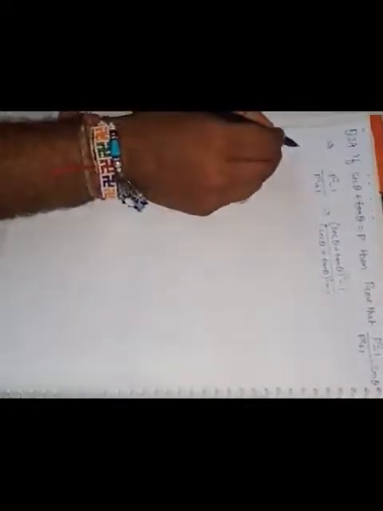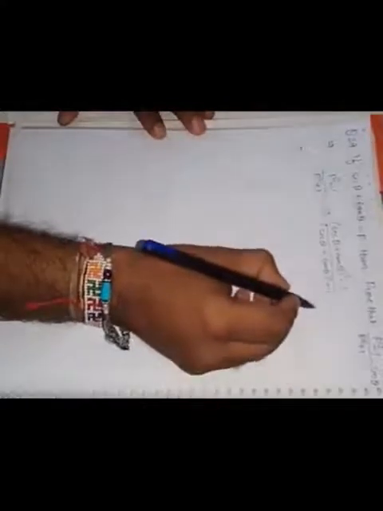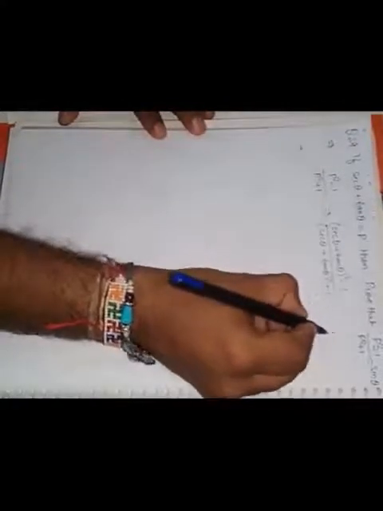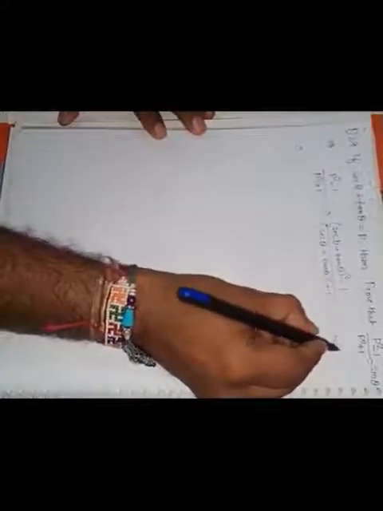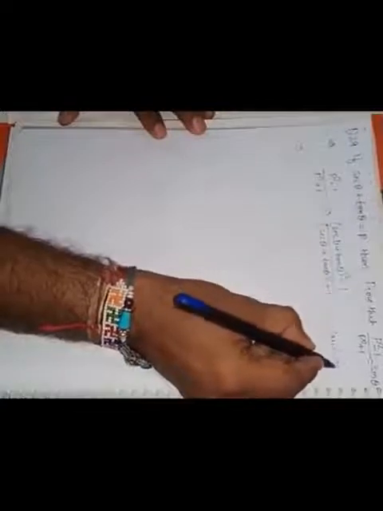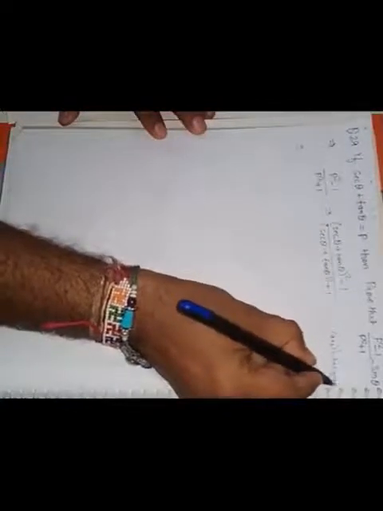Okay, now by opening, we have the formula that (a plus b) whole square is equal to a square plus b square plus 2ab, correct?